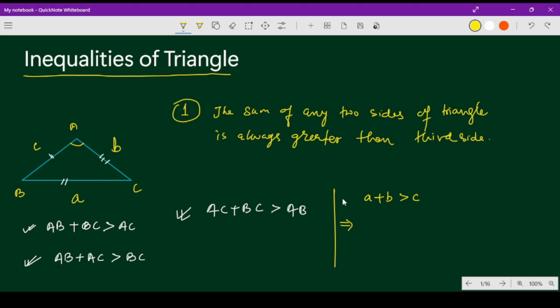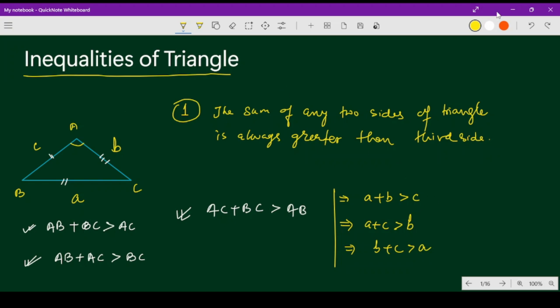If I'm adding a and c, then that will be bigger than b. And if we are adding b and c, then that will be bigger than a. So adding any two will always be bigger than the third one.